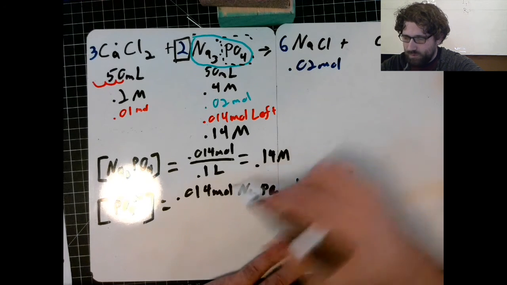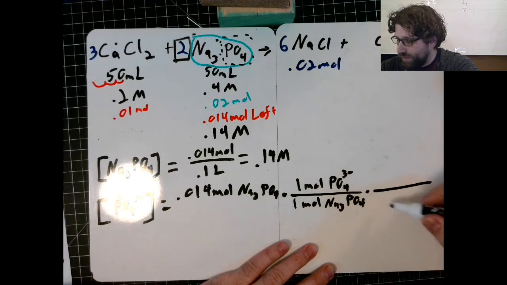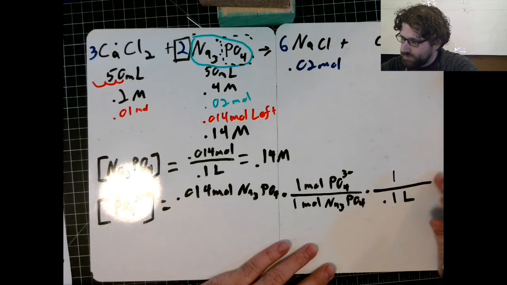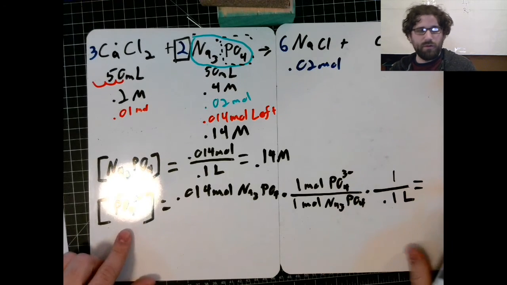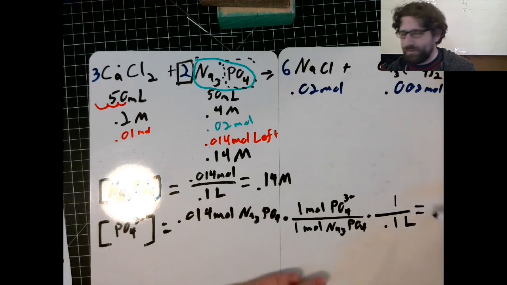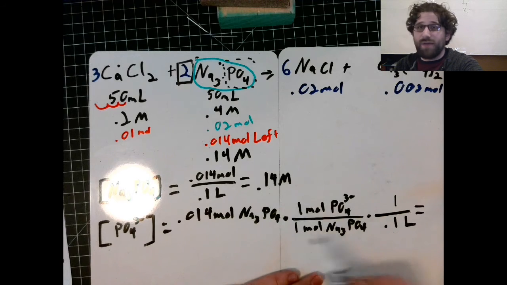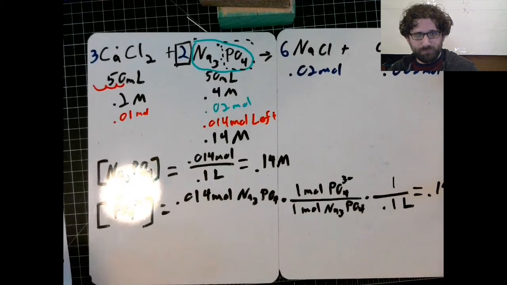And then again, we need to put that on top of the liters, on top of the volume. So we're going to multiply it by 1 over 0.1 liters. And that'll give me the molarity of my PO4 anions. So that's going to be 0.014 times 1 over 1 divided by 0.1. That's going to be 0.14 molar again.